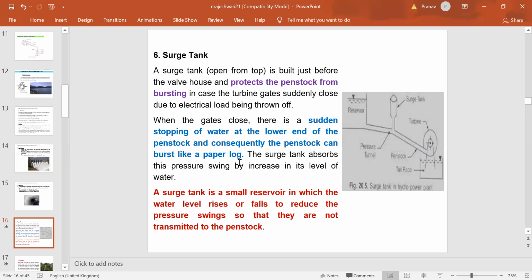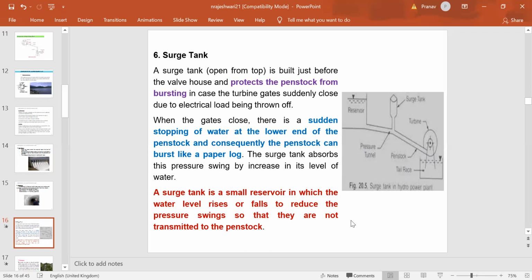The surge tank absorbs this pressure swing by an increase in its water level. So a surge tank is a small reservoir in which the water level rises or falls to reduce the pressure swings so that they are not transmitted to the penstock.